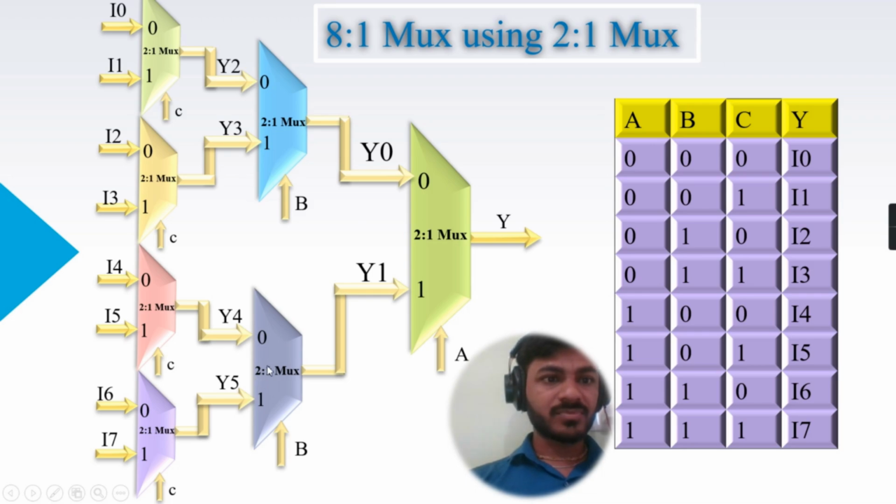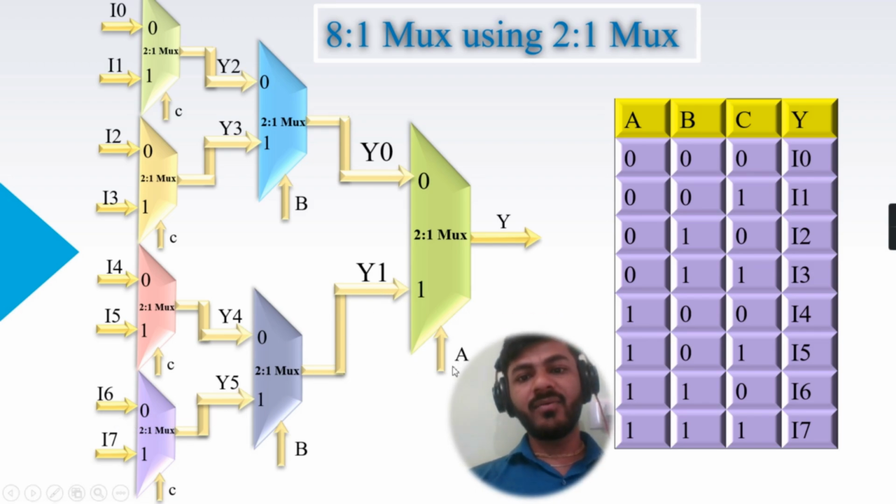In this sixth 2 is to 1 mux, if select line B is equal to 0, then the I4 which was routed into Y4 will be routed to Y1. If select line B is equal to 1, then I6 will be routed to Y1.